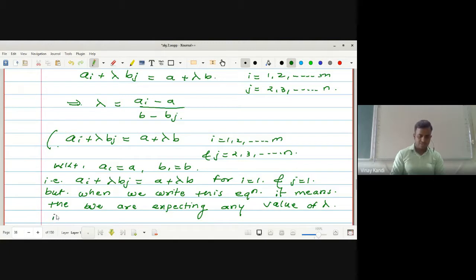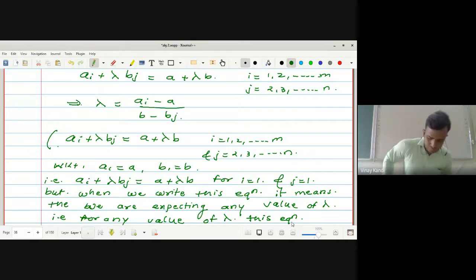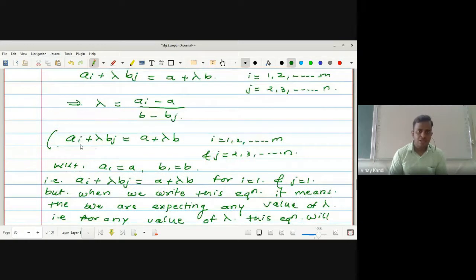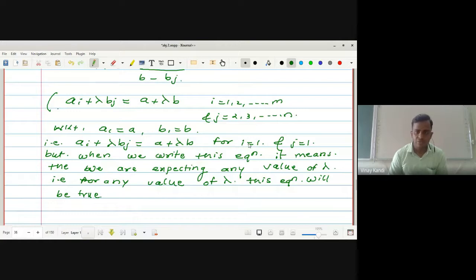That is, for any value of lambda, this equation will be true. Even for i equal to 1 and j equal to 1, what we get? This is a1 plus lambda b1, which is equal to a plus lambda b.